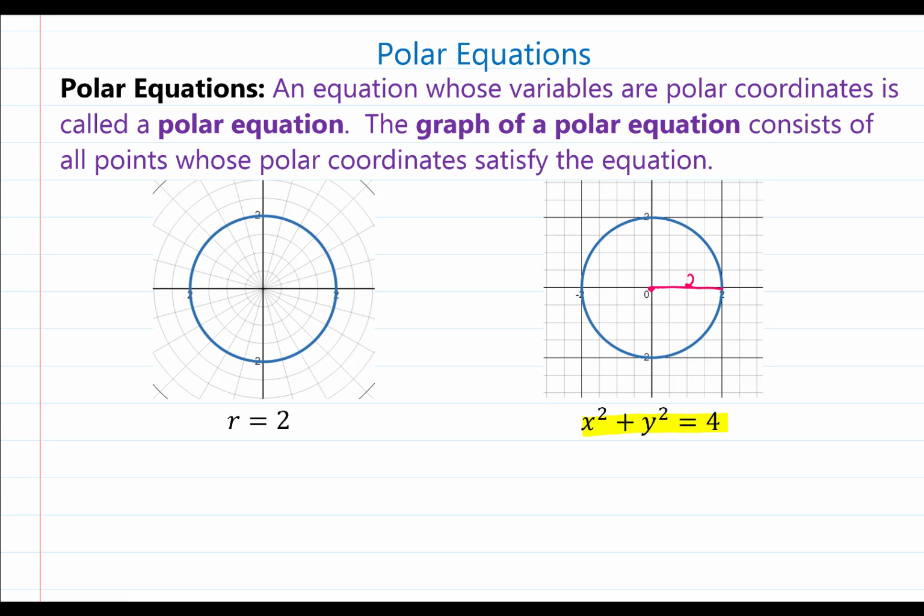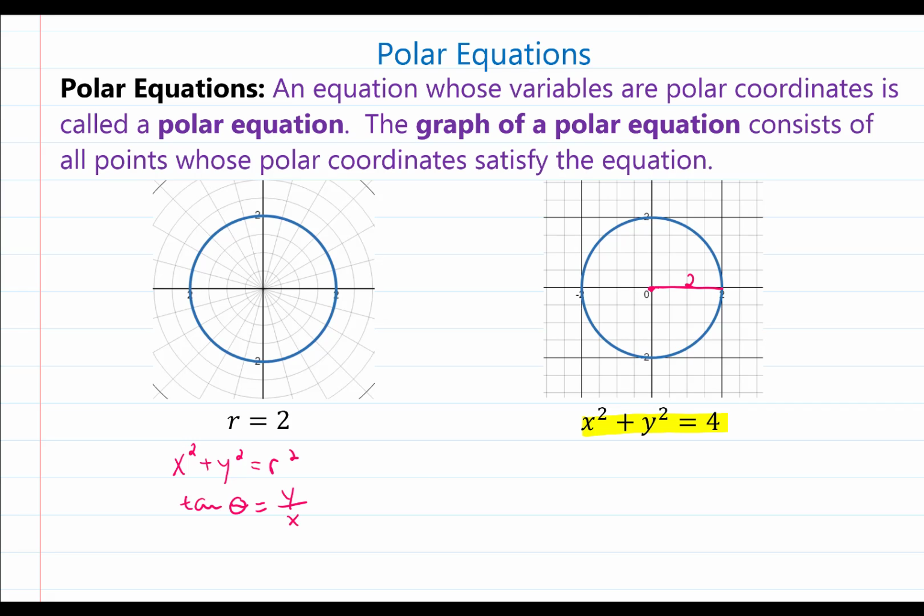In order to do that, we'll need to know a couple formulas. The first formula is x squared plus y squared is equal to r squared. The next formula is that tangent of angle theta is equal to the ratio of y over x.